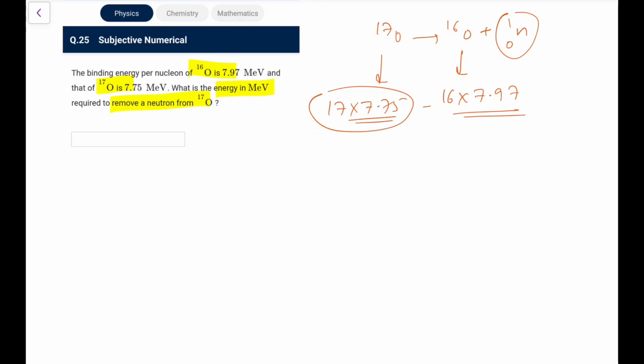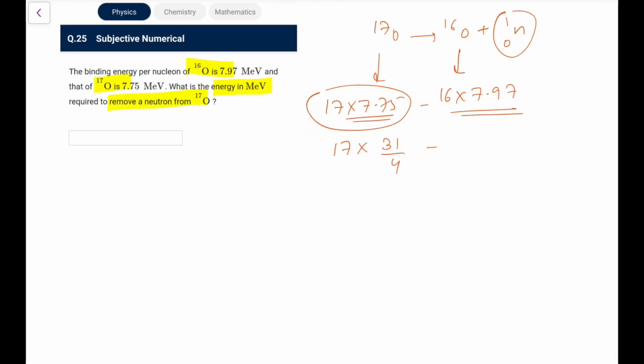The calculation doesn't seem very nice to me, but let's try it. 17 into 7.75, that is 31 by 4, so I should write it as 31 by 4; that would be somewhat better, I suppose. 16 sevens are 112, 16 nines are 144, so 127.52. And 17 into 31 is 527, so 527 by 4 minus 127.52.